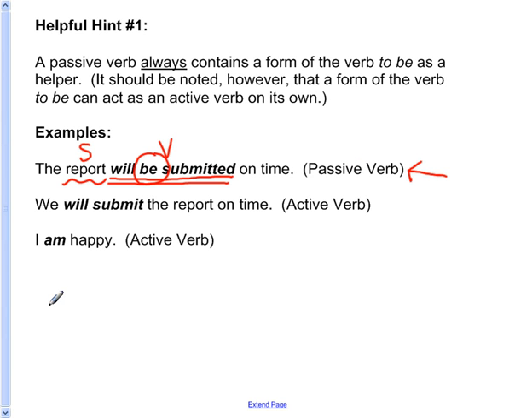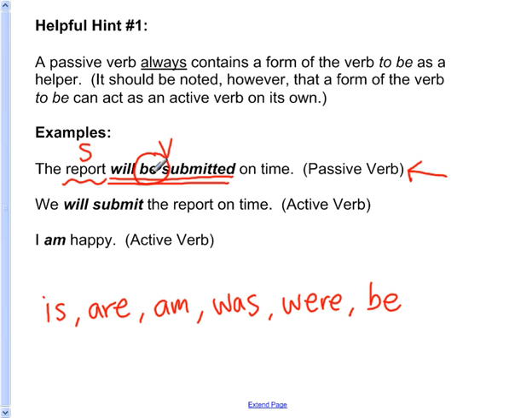Other forms of to be, remember, are is, are, am, was, were, and be, as is the case up here. So let's look at an active verb. We will submit the report on time.